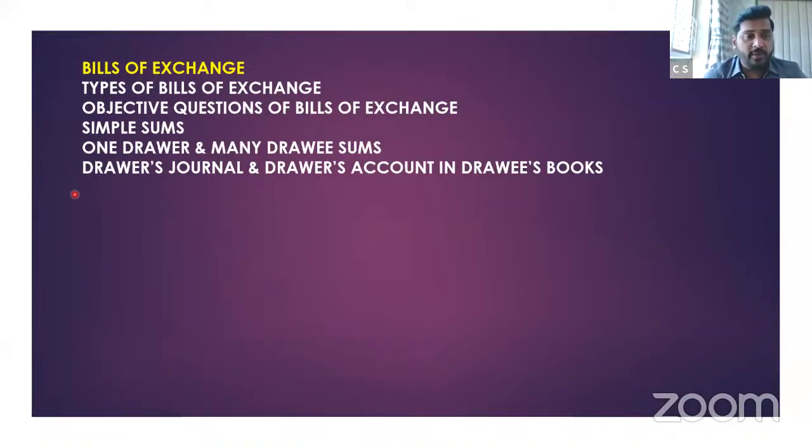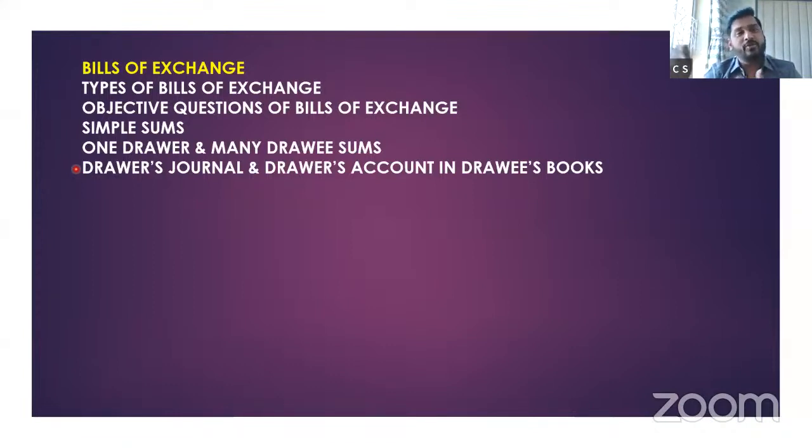Now, this is very important. One thing I missed: drawer's journal means you will have to pass entries in the journal of the drawer and then prepare the drawer's account in the books of the drawer. This has to be understood properly. Most of the time, students make mistakes understanding the question. They are telling you to prepare the drawer's journal, and at the same time, they want you to prepare the drawer's account in the books of the drawer.